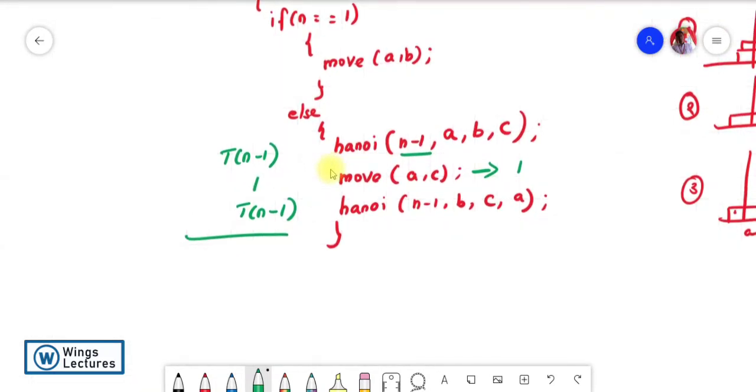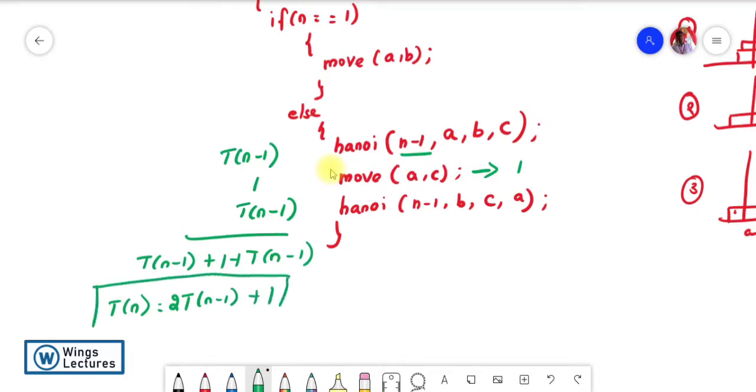See, T of n minus 1 plus 1 plus T of n minus 1. So the total time complexity would be 2 T of n minus 1 plus 1. So this is going to be the recurrence relation for the tower of Hanoi problem, the tower of Hanoi algorithm, okay.